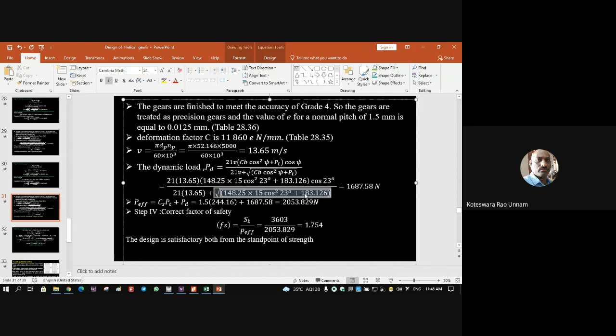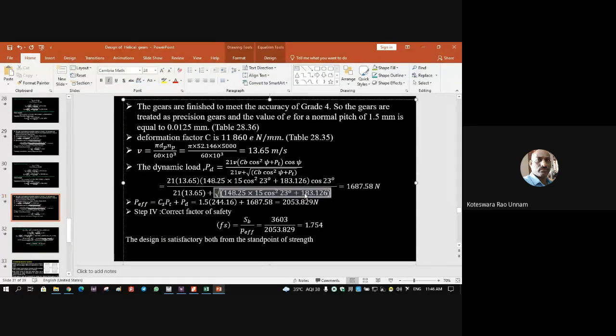So now you tell me what value you are getting for this. 2067.37 into cos 23 divided by 21 into 13.65 plus 45.46, plus 45.46, 1 by x, into 2067.37 into 21 into 13.65 into cos 23.